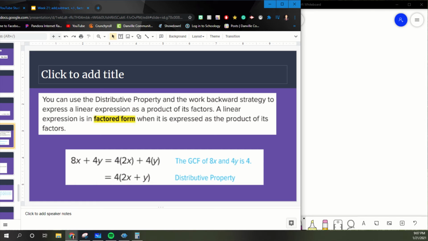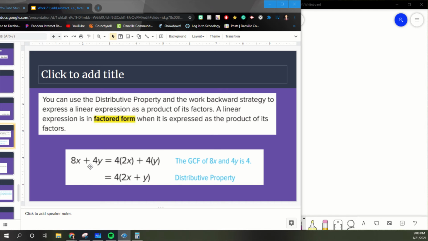Let's take a look at using the distributive property and working backwards to express a linear expression as a product of its factors. So like I said, when we factor something, we're doing the opposite of the distributive property. So that's when it's expressed as a product of its factors.